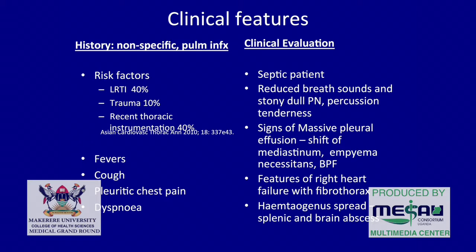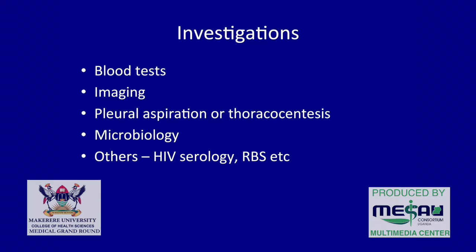So you have a fibrothorax or scarring of the pleural cavity, restrictive lung disease, and right heart failure. And you can also have hematogenous spread from the focus in the lung, if that is the focus, causing splenic or brain abscesses.